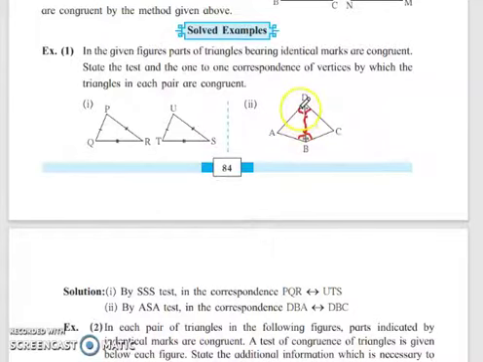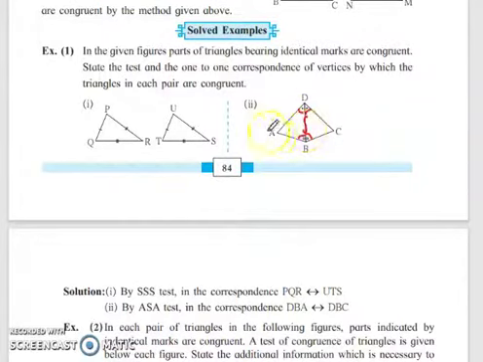So angle side angle, angle side angle. Both these triangles are congruent to each other by ASA test, angle side angle test. And what is the correspondence? DBA corresponds to DBC. This is the correspondence.